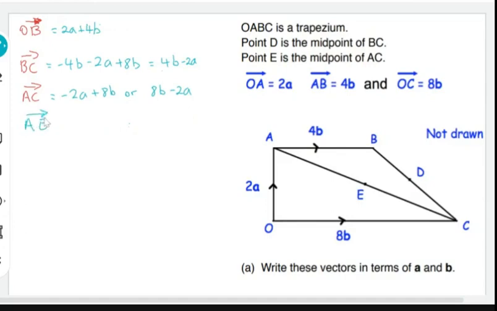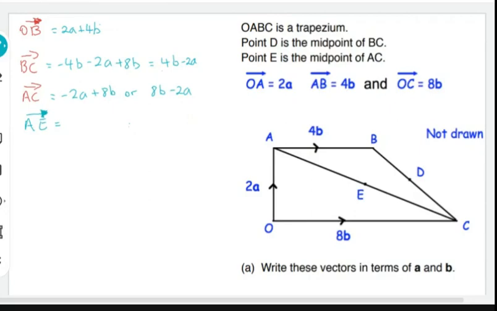Pardon? AE. So I've written it down. Would that be 8B minus 2A as well? Does it start at the same place as AC? Never mind. Yeah, I'm not sure. Okay, so how does AE compare with AC? Oh, is it halfway? How do you know that? What information in the question can you see?